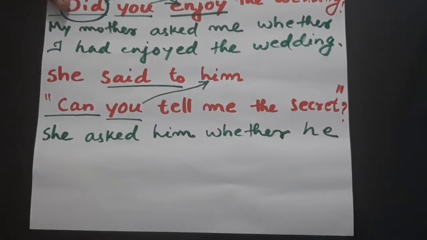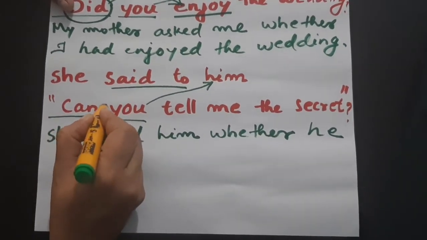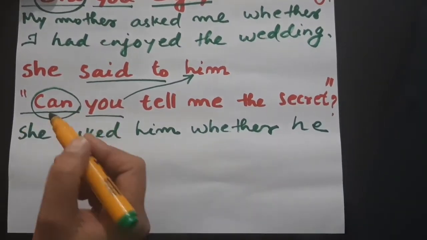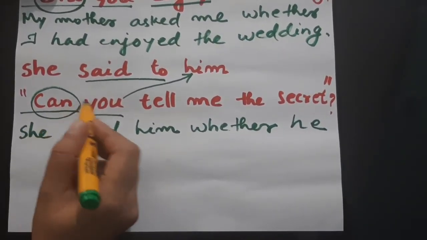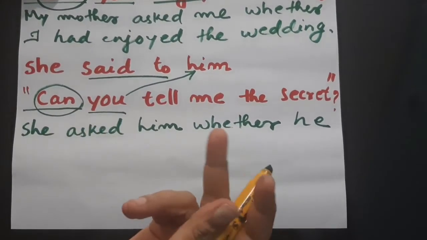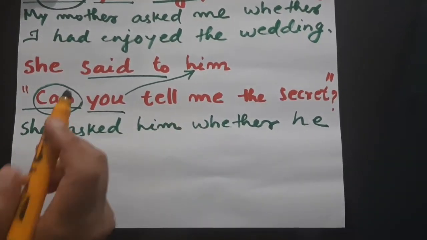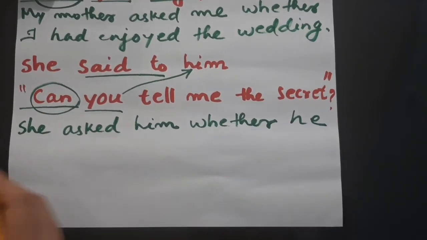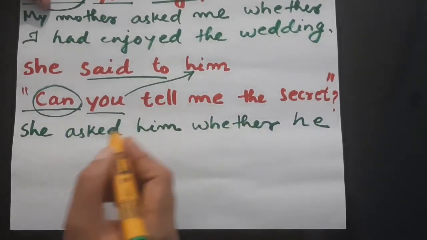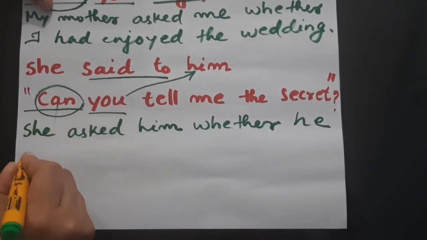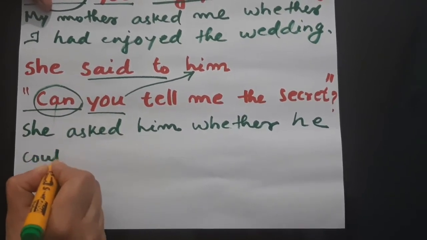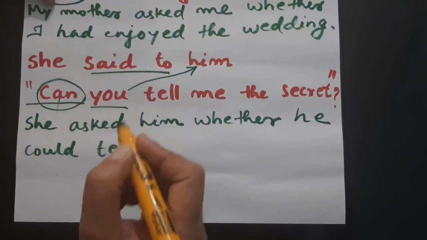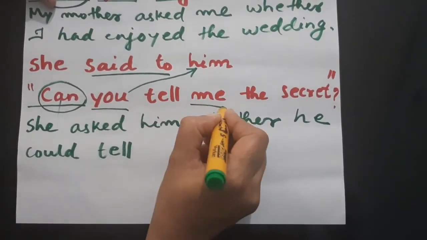Okay, whether he. Next, see, here you have one modal auxiliary, can. You know how the modal auxiliaries are converted when they are reported, isn't it? Can will be converted to could. So she asked him whether he could tell me.